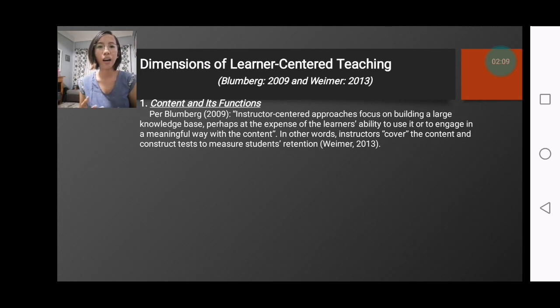So let's focus on what Blumberg has just told. Well, we can't deny the fact that the instructor-centered teaching approach is really centered on making the learners receive knowledge, those that are coming from the teachers, or perhaps those that are inscribed in books.